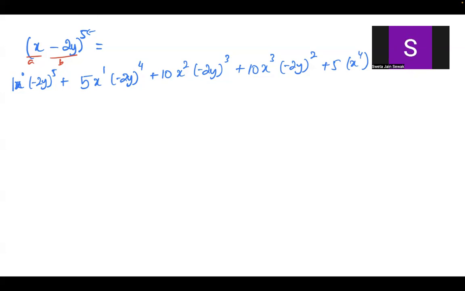And finally, my last term where we have A to the power 5 and B, which is negative 2y to the power 0.